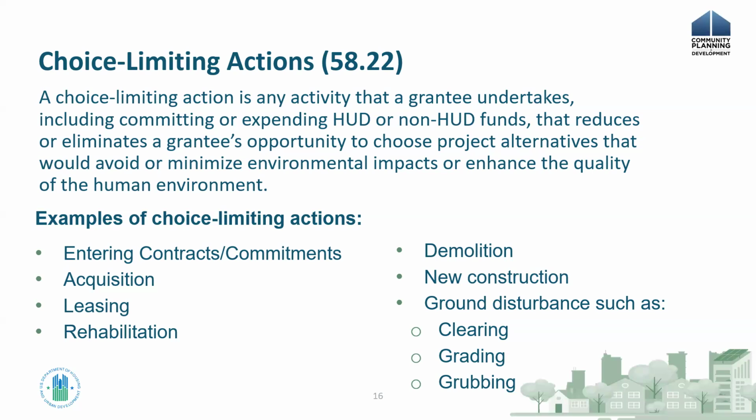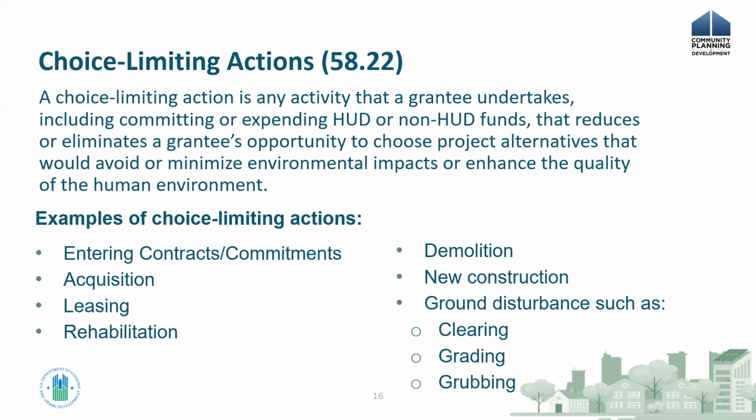These again are actions that limit your choice of project alternatives. If you're already acquiring land or a site, you're committing the project to that site. That's why it's a choice limiting action, because you're limiting the choice of alternatives.